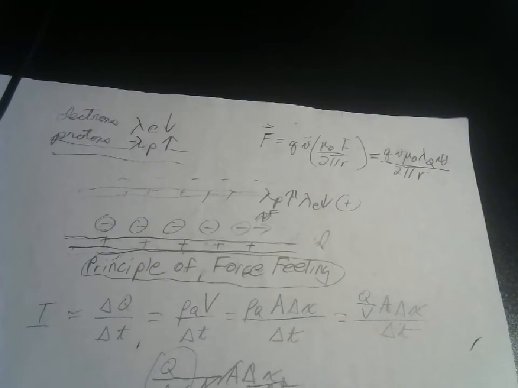But from the perspective of the electrons moving at the drift velocity, the proton density has gone up, the electron density has gone down, and so you will have a net force towards the other wire.